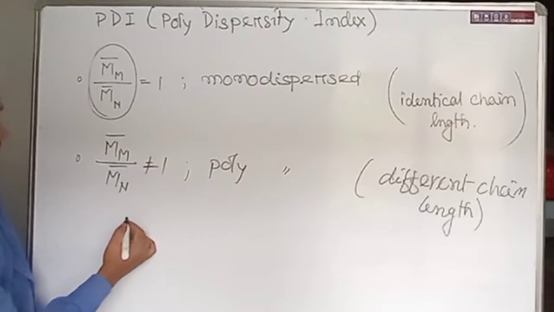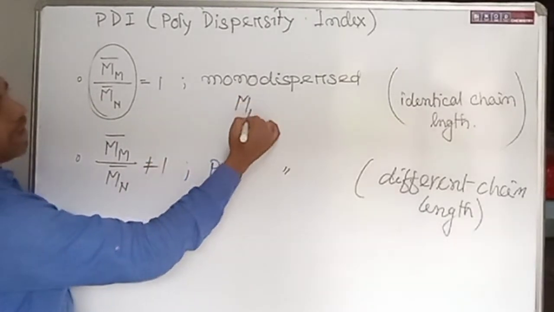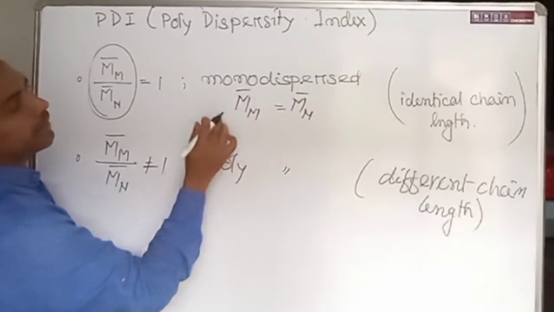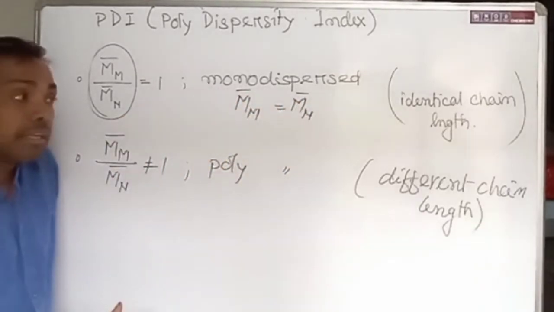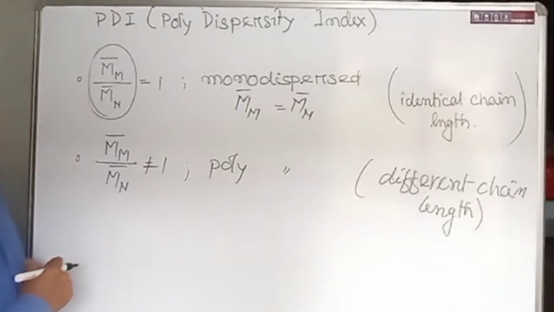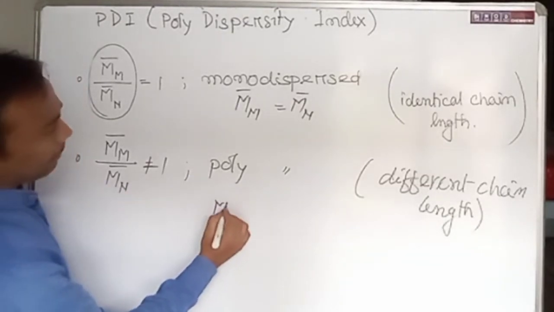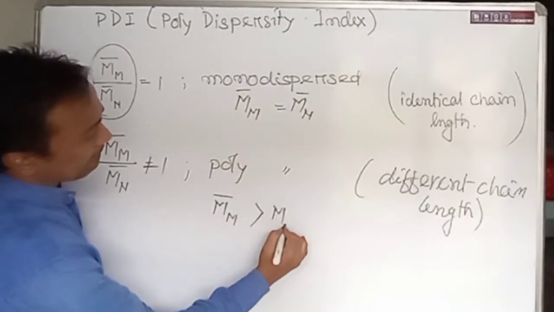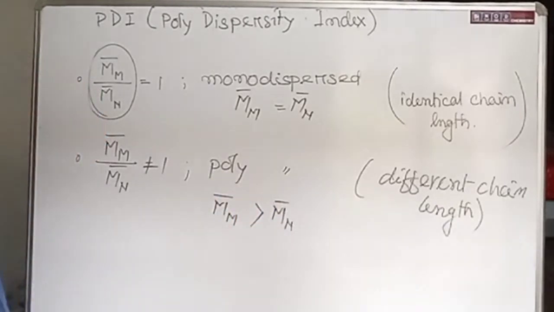If both are equal, that means Mw is equal to Mn, then it is monodisperse, meaning they have identical length, identical carbon chain. And if this is not the condition, then it is called polydispersed.